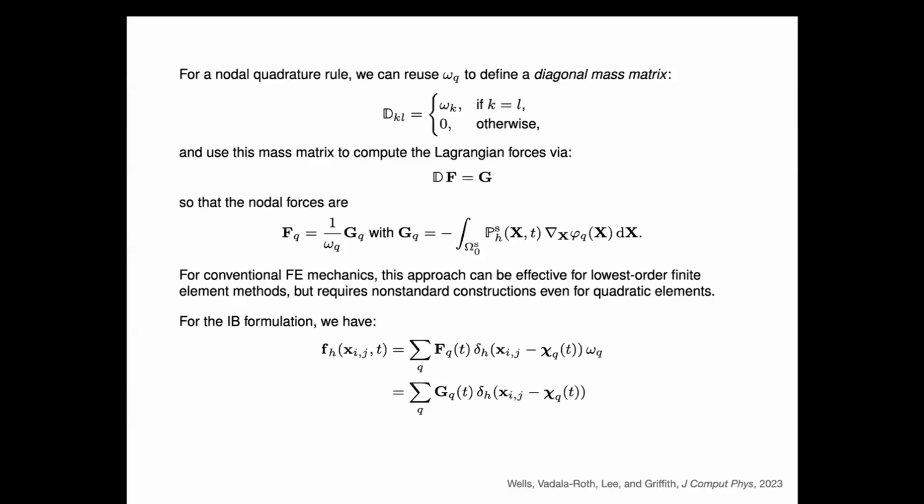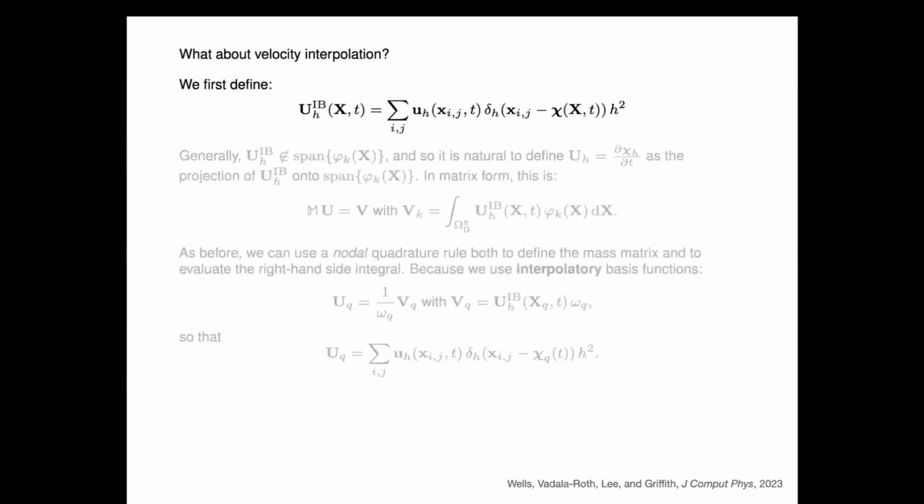Now this nodal force is determined in the diagonal setup as just 1 over the quadrature weight times the stress integral. So this quadrature weight shows up in the denominator and the numerator. They cancel each other out. So the force on the grid is a sum of these stress integrals times the regularized delta functions. The weight just totally drops out.